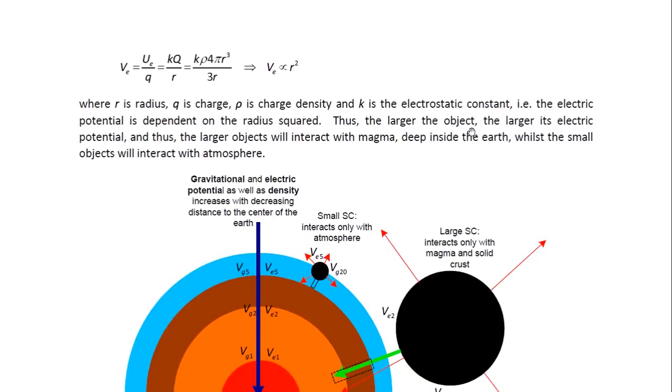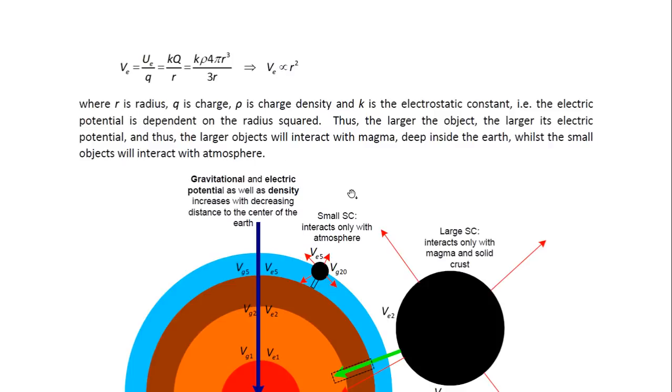Thus, the larger the object, the larger its electric potential. So larger objects will have larger radii, and larger radii is proportional to potential. So larger radius gives a larger potential.